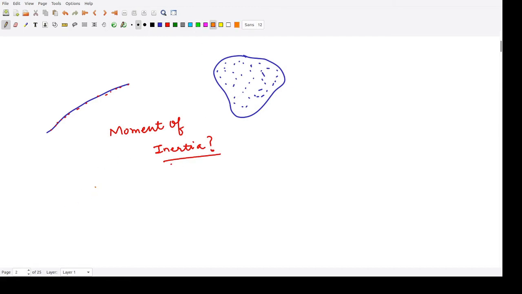The moment of inertia of the body in this case would be the integration of the distance square. Whatever small portion we consider here, we say its mass is delta m and its distance from some perpendicular line is r.